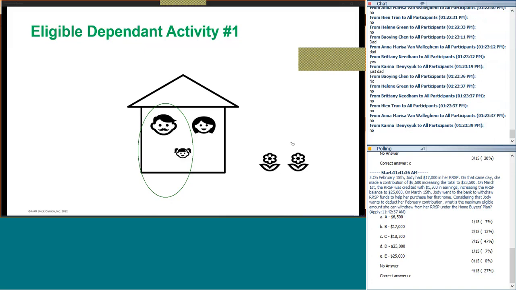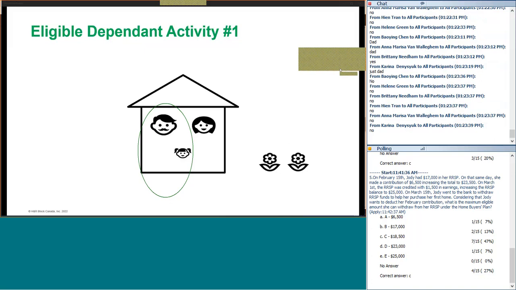The best option is going to be the one you can get. So again, find out if that child is being claimed by the other parent that we don't see on the screen here. Remember, there may be another parent involved. If they're claiming the child at any point, you can't in that year. If not, you're going to look at who has income. The person with no income is the one you're going to claim. Okay.